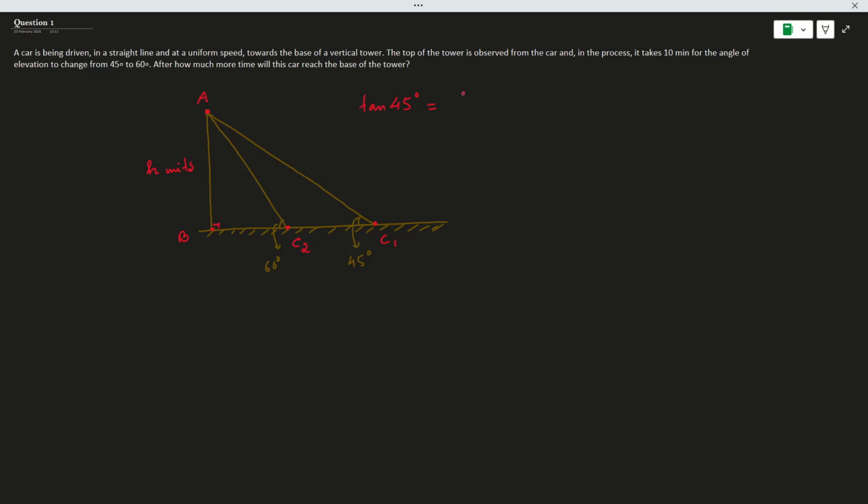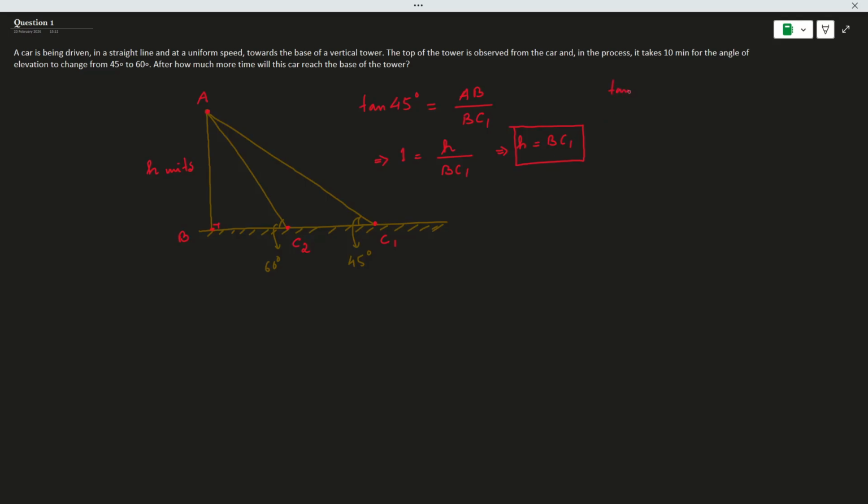The perpendicular will be AB and the base will be BC1. tan 45 is 1, AB is H, so 1 equals H by BC1. From here H equals BC1, or I can say BC1 is equal to the height of the tower.